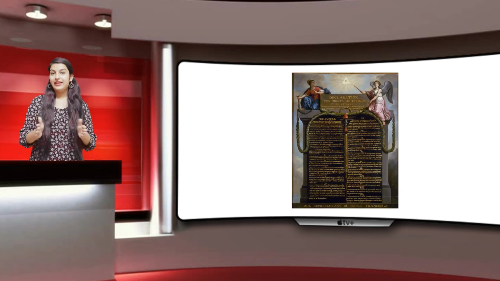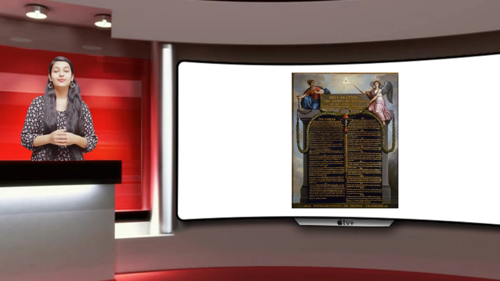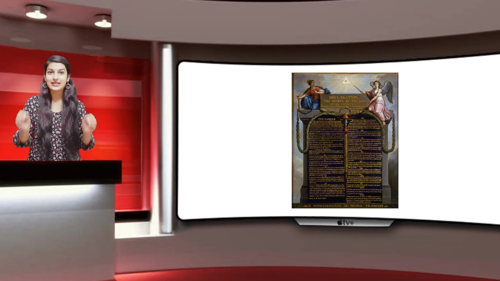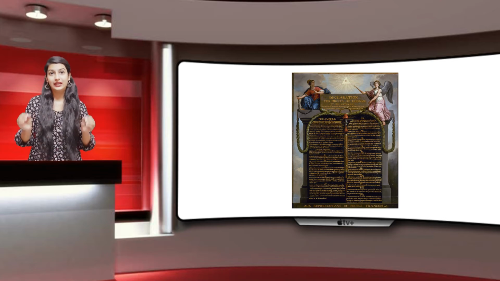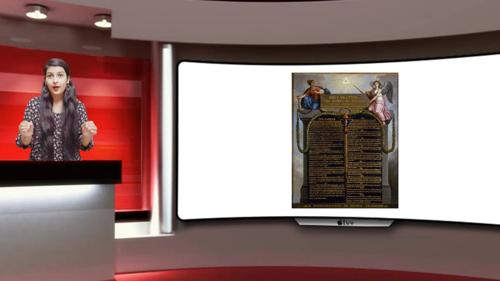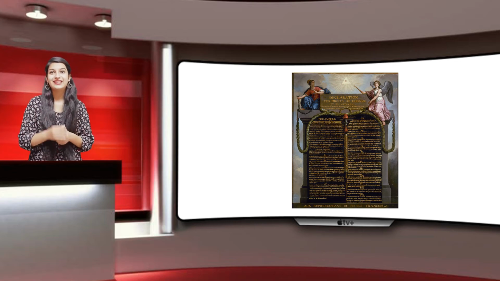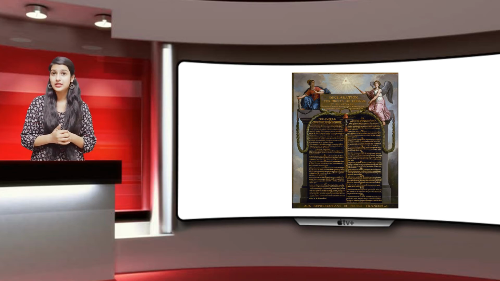Now, in 1789, at the beginning of the French Revolution, the National Constituent Assembly of France adopted the French Declaration of the Rights of Man and of the Citizen, which, drawing upon the United States' ideals of human rights, laid the foundation of human rights principles still valid in the present French Constitution.